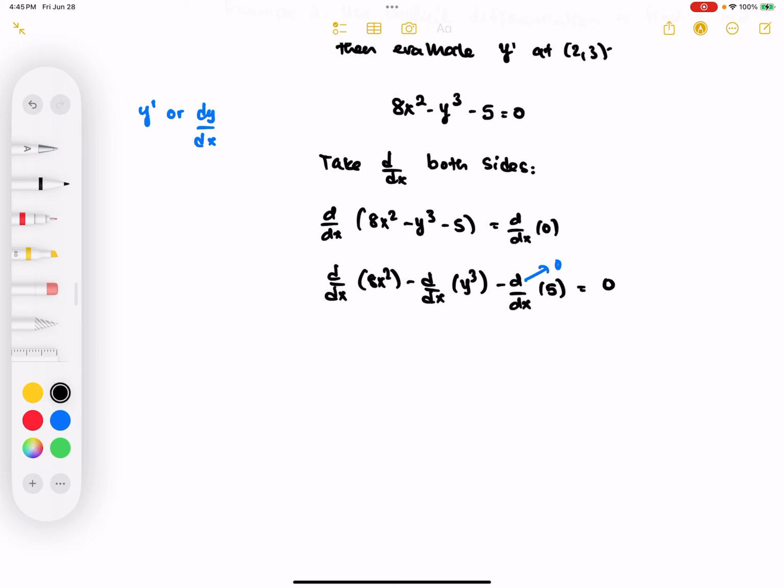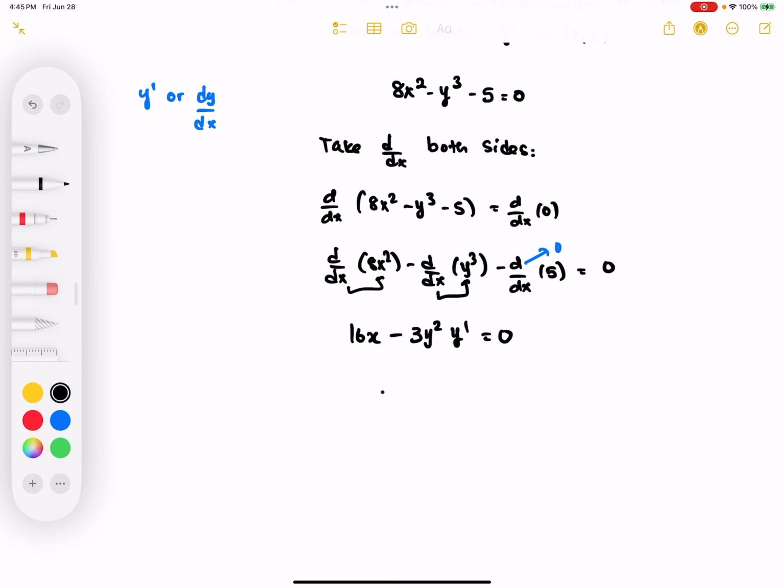Now what is the derivative of 8x squared? It is 16x, and the second one is 3y squared y prime. Remember, this y is a function of x, so that's why you don't eliminate it and you just keep y prime. But in the first case, d/dx of 8x squared, it is the same variable x, so there is no x prime term.